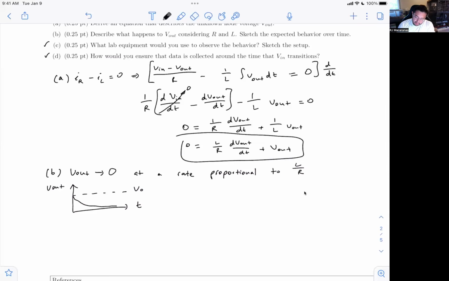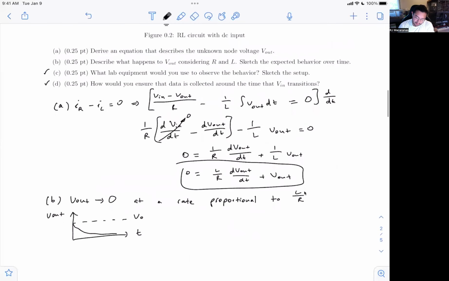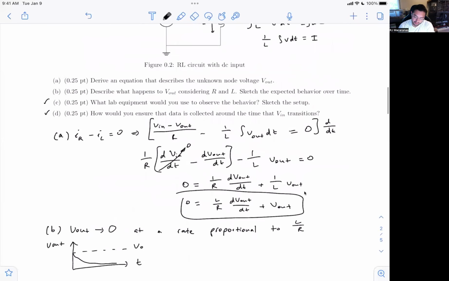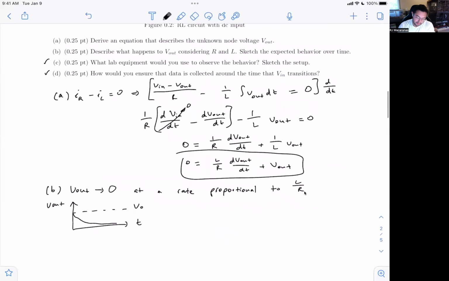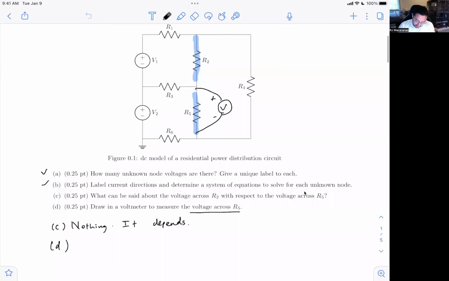So that is for part B, and again for part C, it's just a DC power supply and a function generator and an oscilloscope, and we would look at the response in those two channels and then trigger once that input voltage rises up to 1 volt. All right, so that's good. Moving on to version 3, number 2.